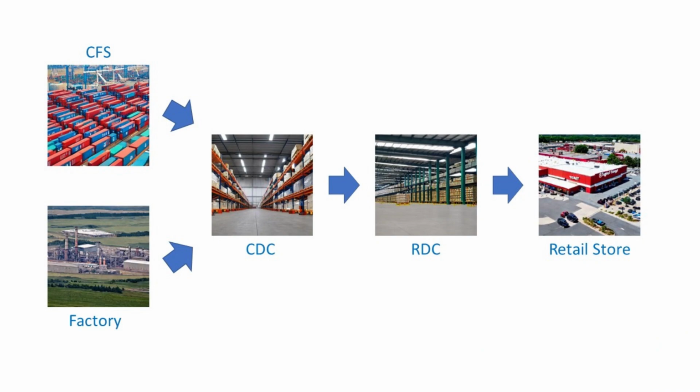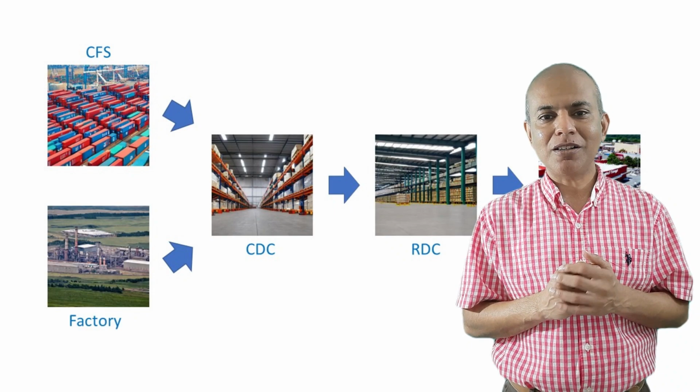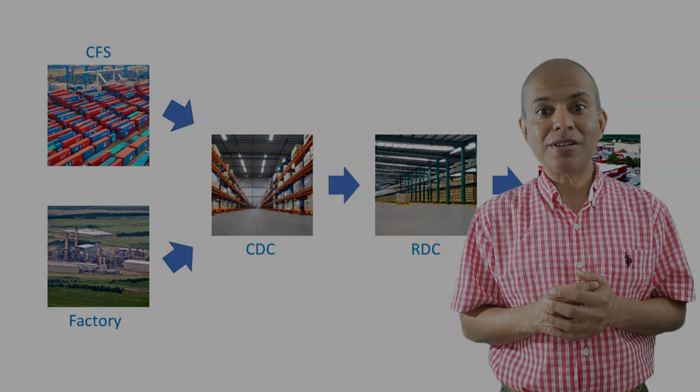When it goes closer to the retailer, the customers, which are the consumers or the retailers, we would get something which is called an RDC. And finally, we have the retail stores. This is a traditional brick and mortar supply chain. Again, not every supply chain needs to have a CFS, or not every supply chain needs to have a CDC and RDC. And this is just a generic representation of what these different types of warehouses would look like if all of them were present in the supply chain.